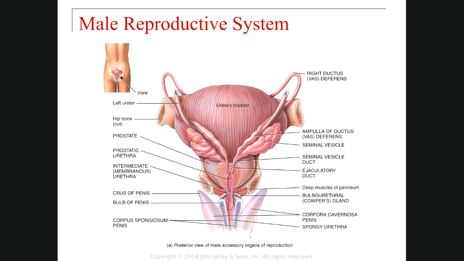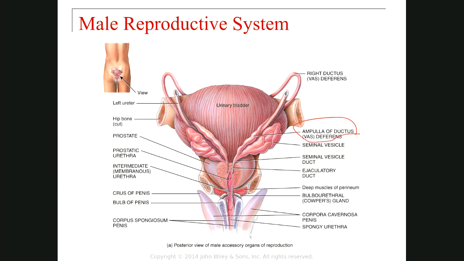In this picture, you can see the posterior view of the male reproductive system. The urinary bladder. These are the 2 vas deferens which come to the back of the bladder, and in this picture I want to show you this dilated part. This dilated part which we have at the end of the vas deferens is called the ampulla of the vas deferens.